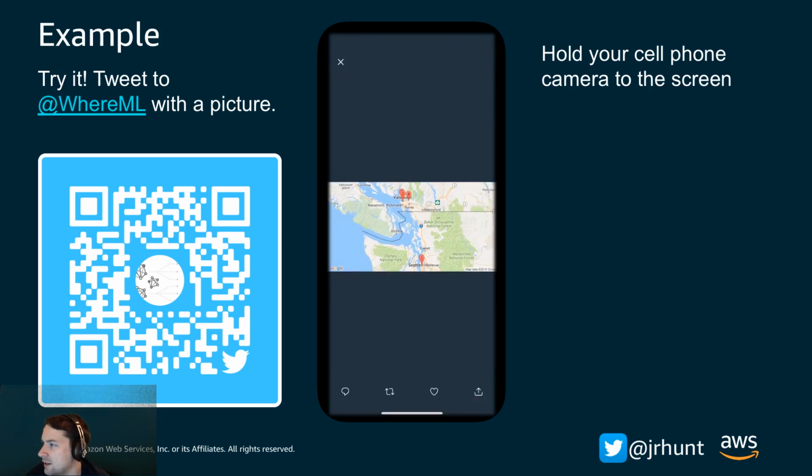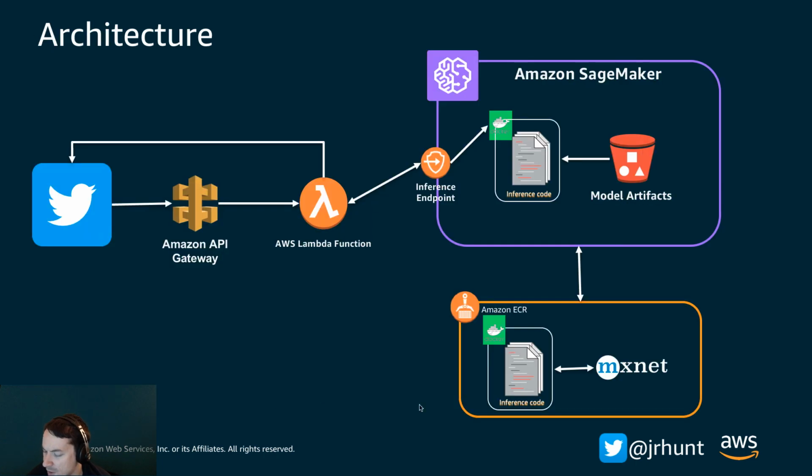So if we look at the architecture here, we're relying on an API in Twitter, which is their webhooks API, specifically their account activity API. With that API, you register a webhook, which is in this case an HTTPS endpoint that's hosted by API Gateway. That HTTPS endpoint will invoke a Lambda function.